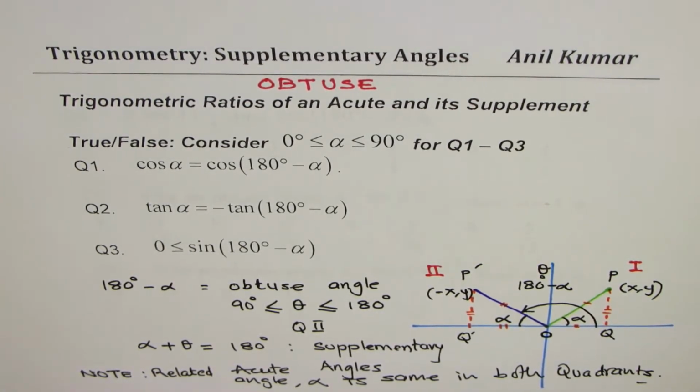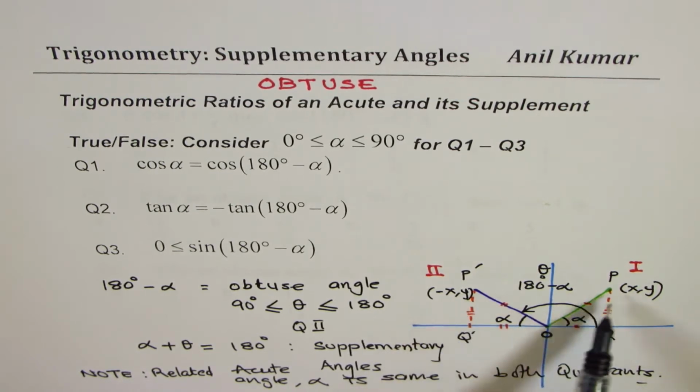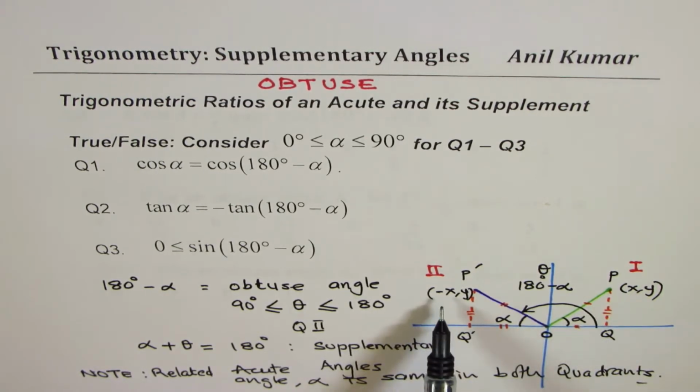Is it clear? Correct? Both are same. The only thing is that the points which we consider now, their x coordinate value has changed to negative. Now that will make an effect.